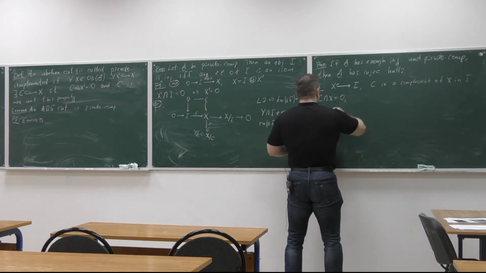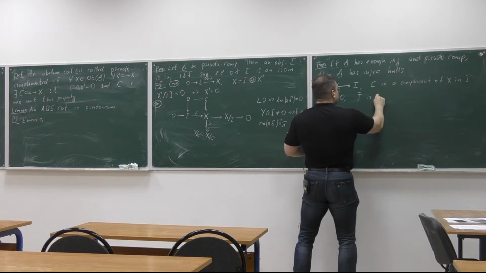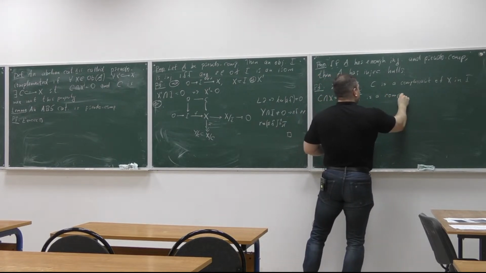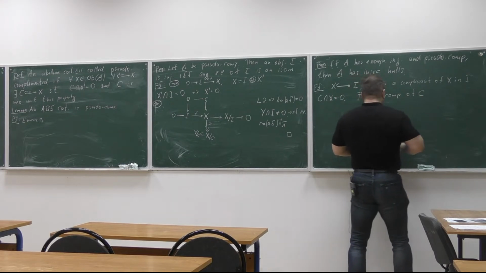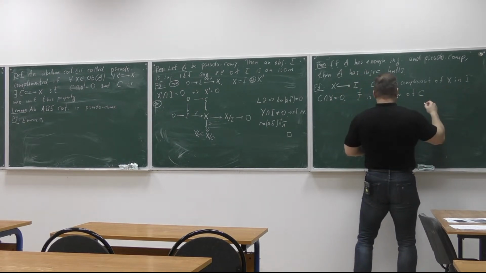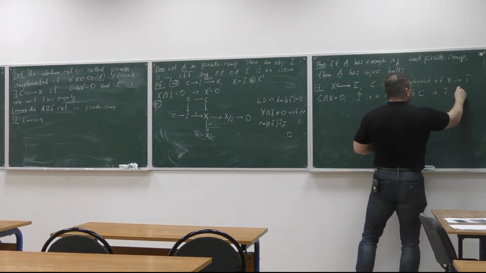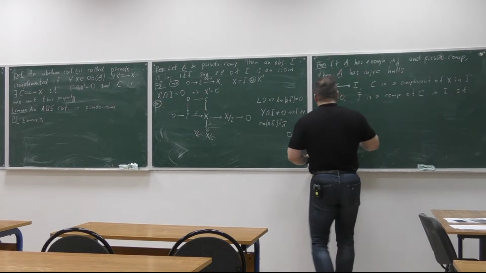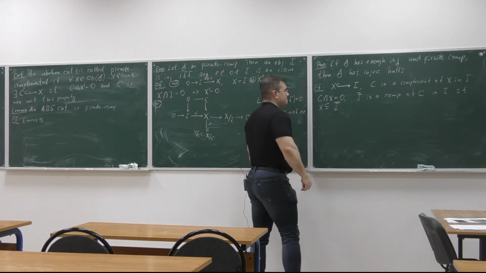Well, the next step is to take I bar, a complement of the C in I such that X is contained in the I bar.